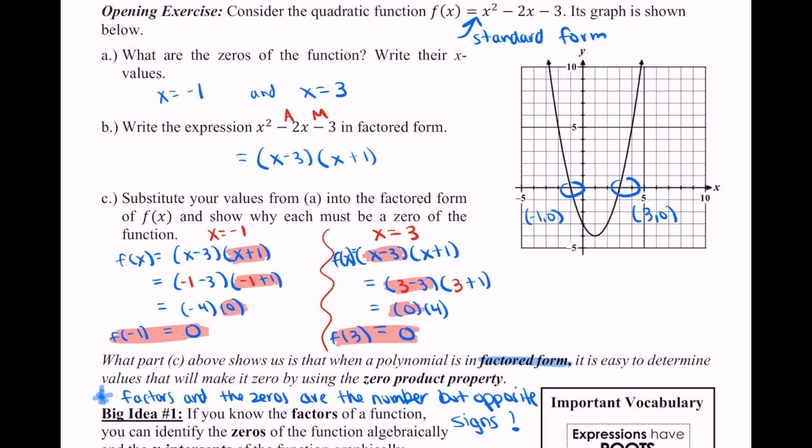So in that example on the left, my factor was x plus 1, the 0 was negative 1, same number, opposite sign. That second example, the factor x minus 3 and the 0 of 3, same number, opposite signs.